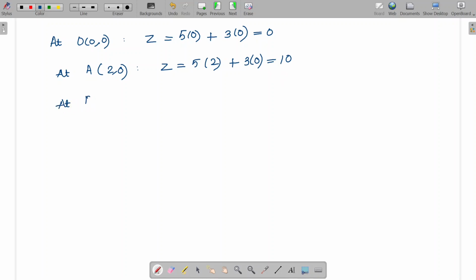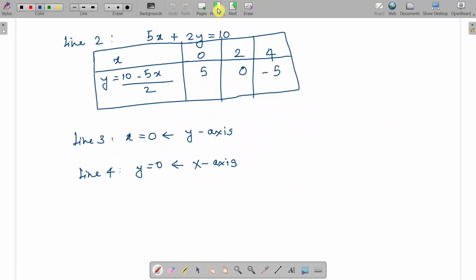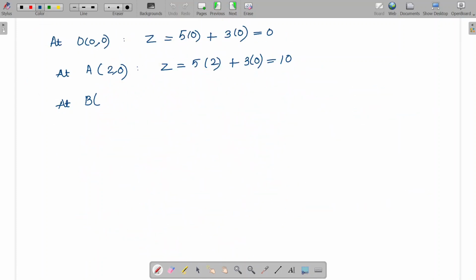Then at B, we have found 20 by 19, comma 45 by 19.